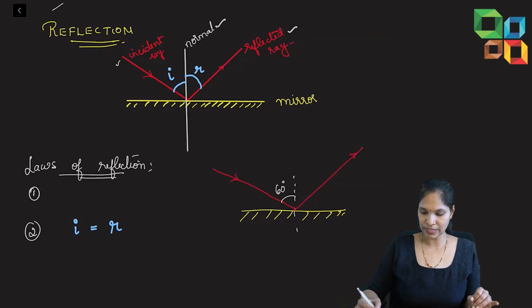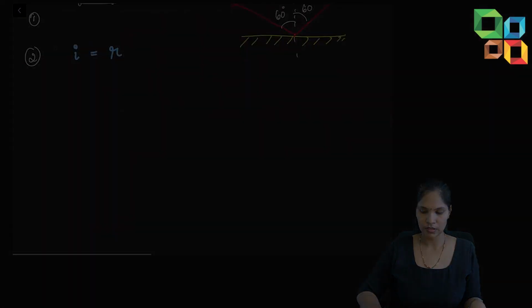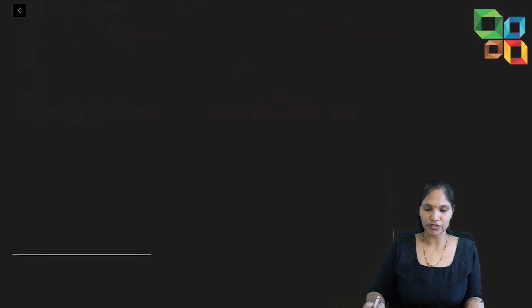You should tell me immediately that this angle is also 60 degrees, whatever the condition. The angle of incidence is always equal to the angle of reflection. So that's about reflection. Now coming to refraction.